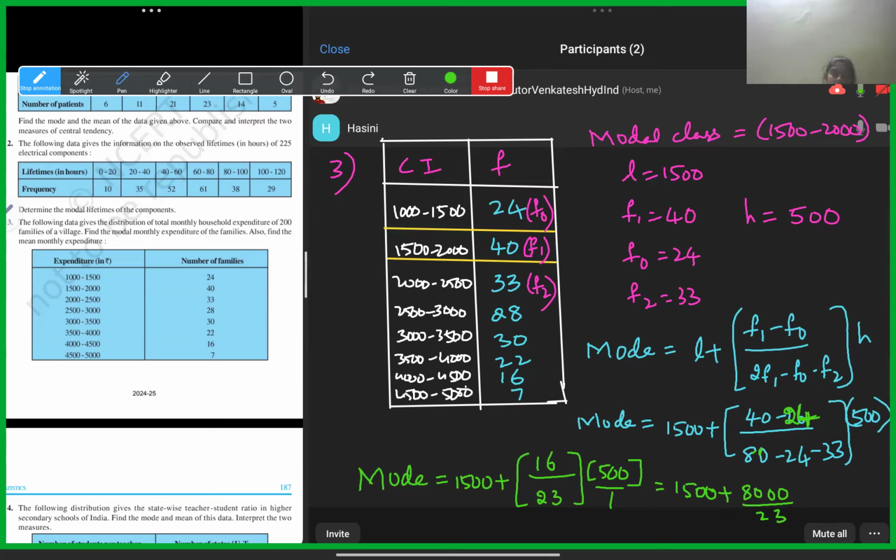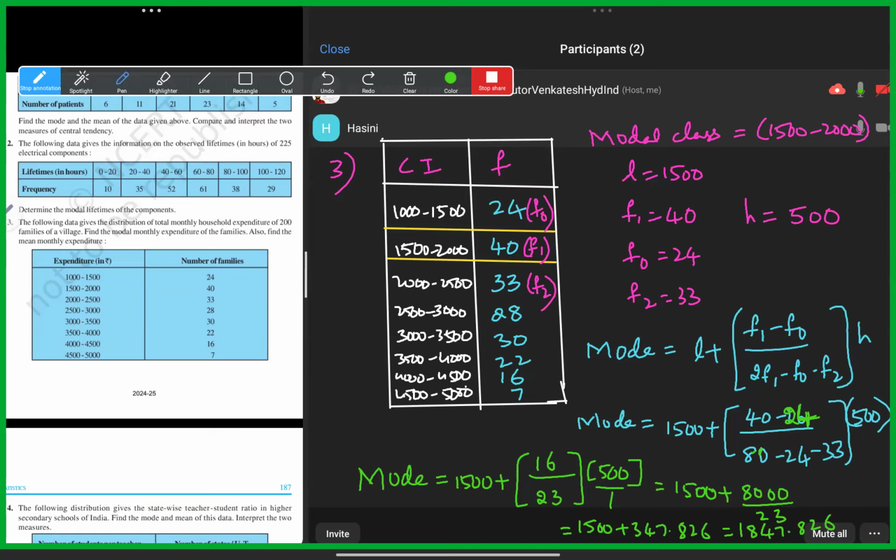8000 by 23, we'll get 347.826. So it will be 1500 plus 347, which is equal to 1847.826.